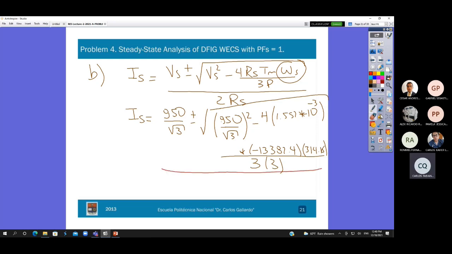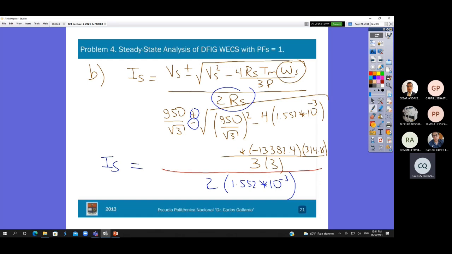Okay, so let's clear this part. So this is the stator current, which is equal to 2 times the stator resistance. So I will have 1.552 times 10 to the negative power of 3. Because of plus and minus, I will have two currents.